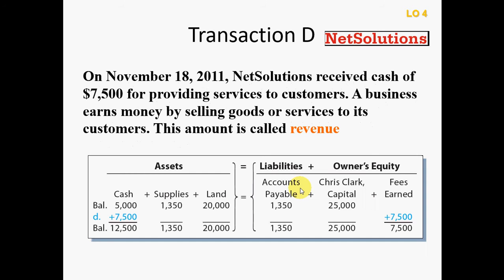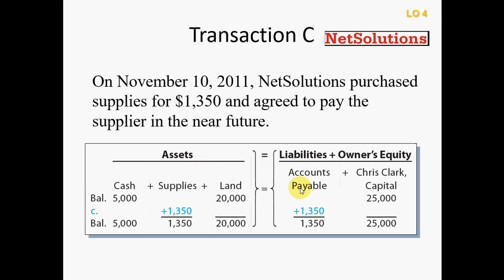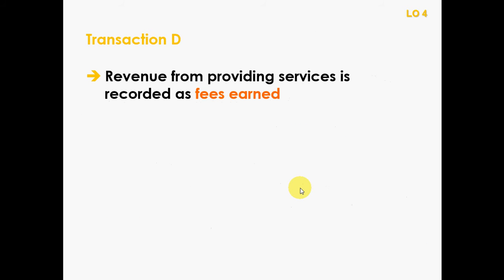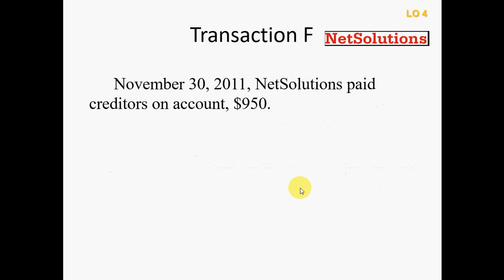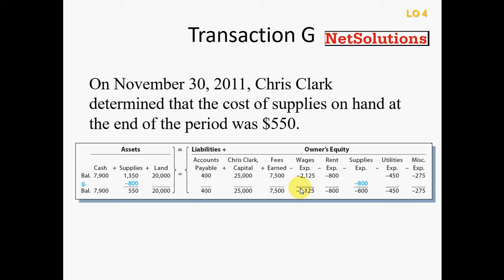We are left with 550. So what has happened? We have actually used 800 worth of supplies. How do we get it? From 1350 we subtract 550, we get 800. So 800 is the amount which has been used up. So supplies decrease, and so does the supplies expense on the right hand side.